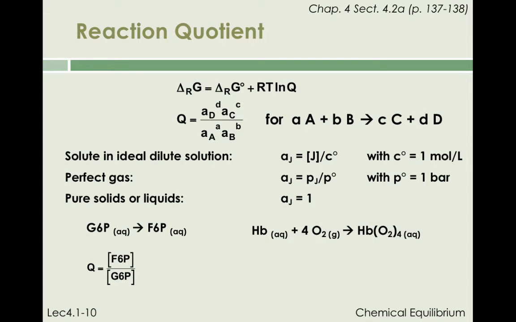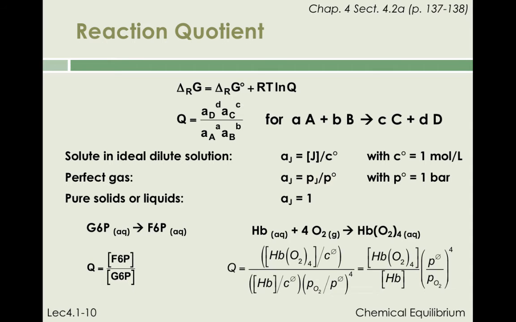Second, we examine the reaction between hemoglobin, Hb, and oxygen gas to form the hemoglobin complex HbO2 4 times, which contains 4 moles of oxygen per mole of hemoglobin. While this reaction occurs in solution, it requires the bubbling of oxygen gas.